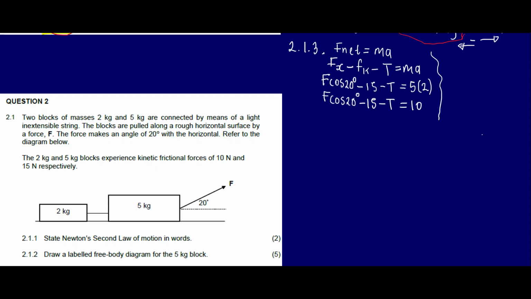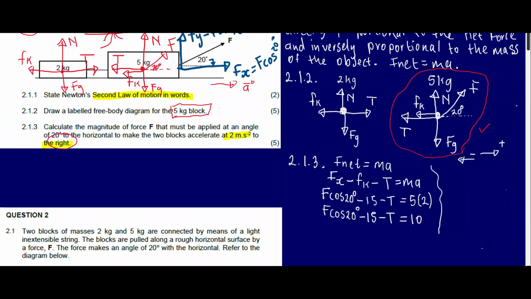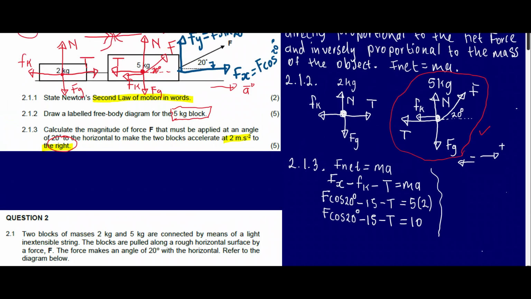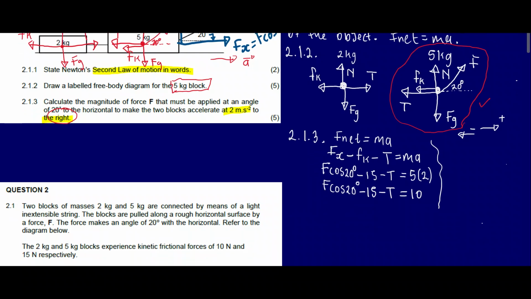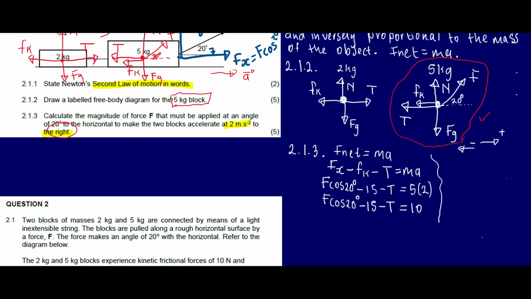I think you can notice that we have two unknowns, and the moment we have two unknowns, we can try to use some of the information of the other block, or we can use the horizontal components if we do have those. But in this case I want us to just do the F net for both blocks.